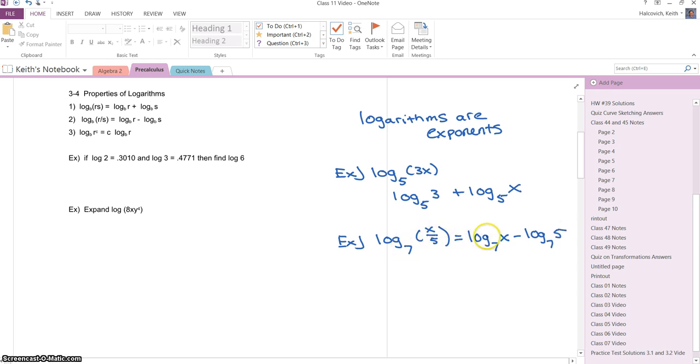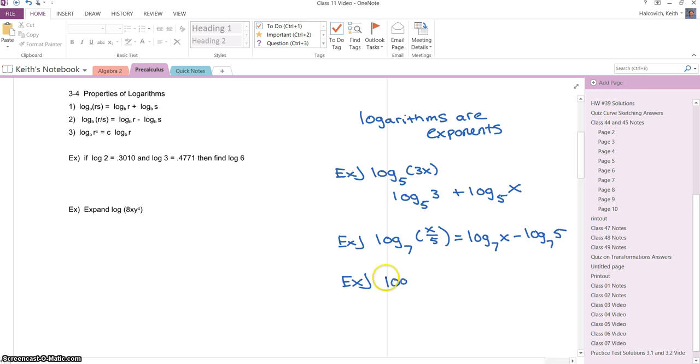And the third property: when you're raising something inside a log to a power, you can roll the exponent to the front and multiply by the logarithm, because remember, when you raise exponents to a power, you multiply the exponents.